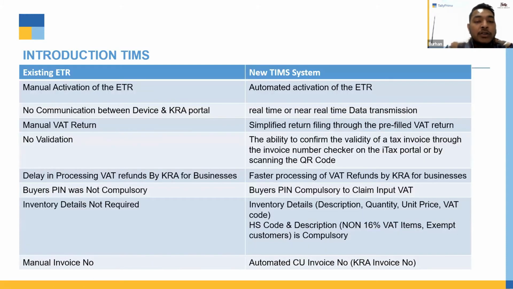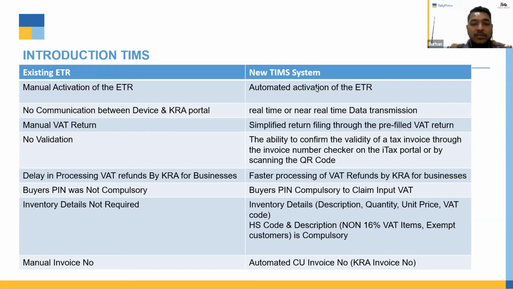These here are the differences between the existing ETR systems that you might have in your business and the new TIMS. In existing, it's manual activation of ETR. In the new TIMS, it's automatic. In the existing, there's no communication between the device and the KRA portal.